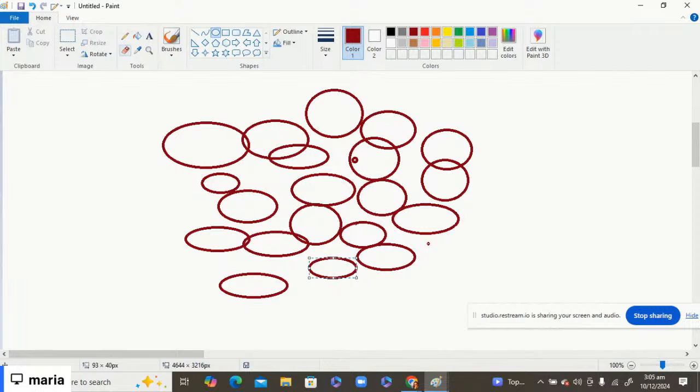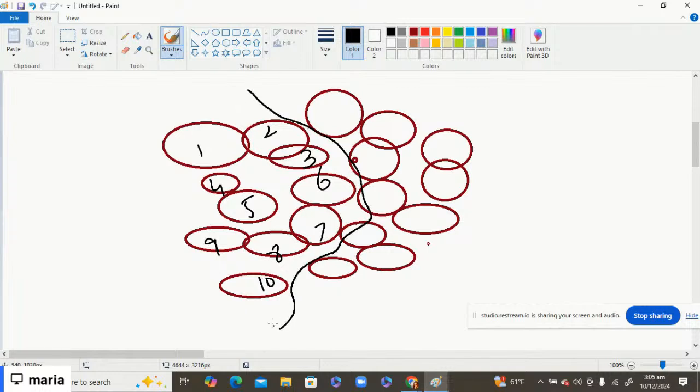Okay, so you count, for example, 1, 2, 3, 4, 5, 6, 7, 8, 9 and 10. Look, I'm going to count this portion. Now check the remaining portion. If it's the same, then it is also about 10.